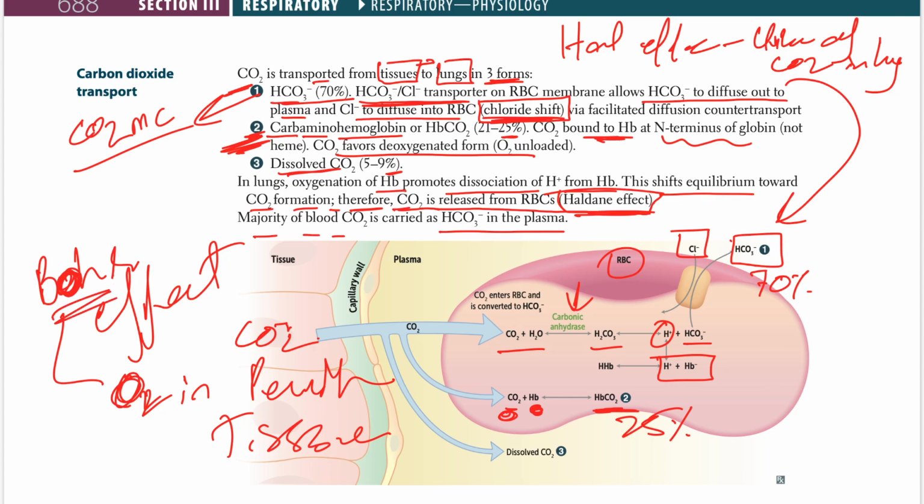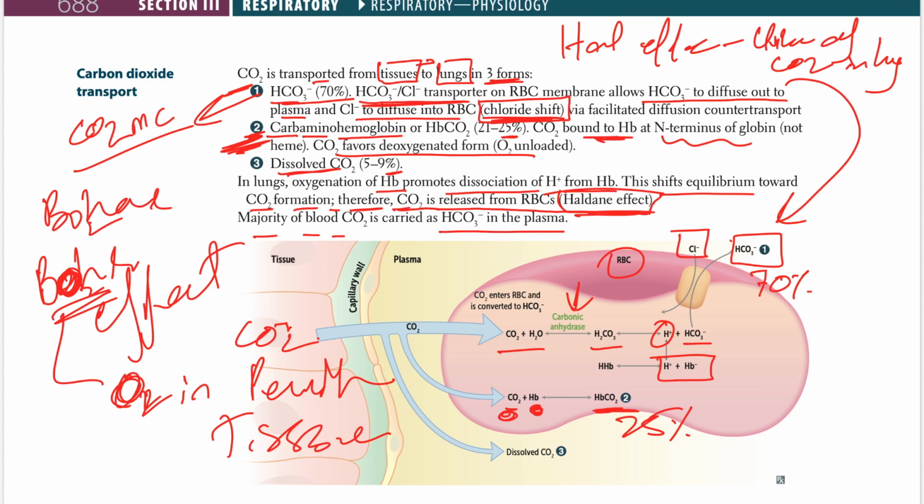So remember, these two effects are both for unloading. Both are doing an unloading job. One is doing CO2, one is doing O2. Now we just have to know which one is doing what, right? Because Bohr has an O, we can say it's O2. So Bohr is the O2 effect. And if this is O2, the other one is going to be Haldane, which is CO2.